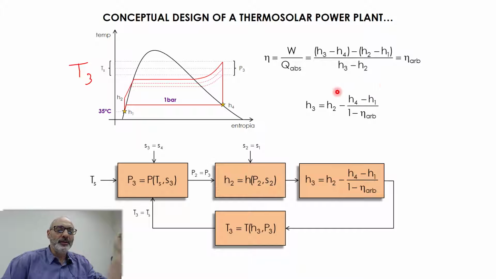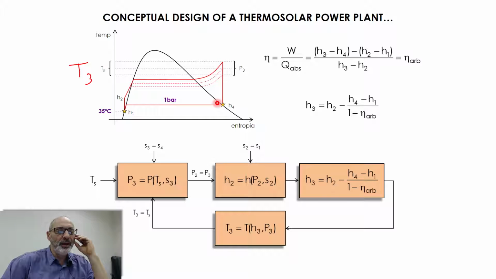So I have a nonlinear problem, because from this side I know the efficiency is 30%, and if I look at the thermodynamic cycle I know that this is the surplus exergy, which is the exergy produced by the turbine minus the exergy absorbed by the pump.